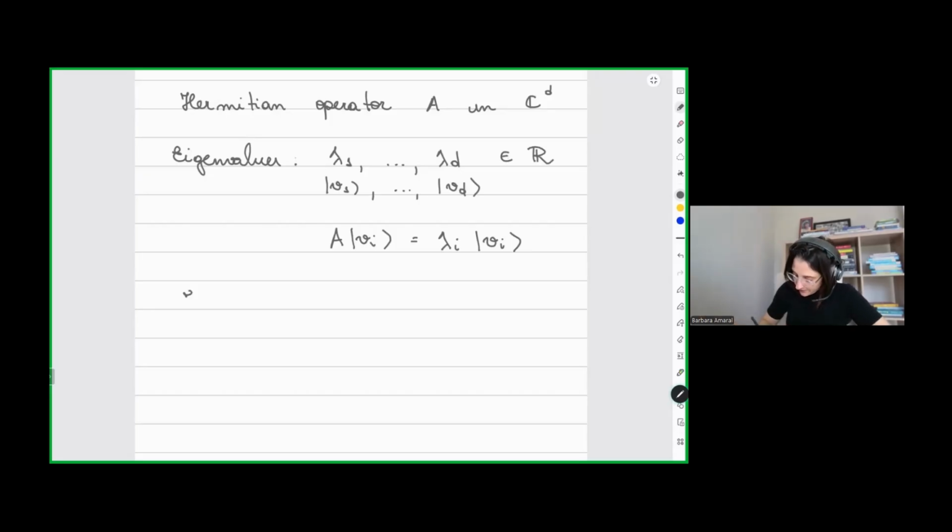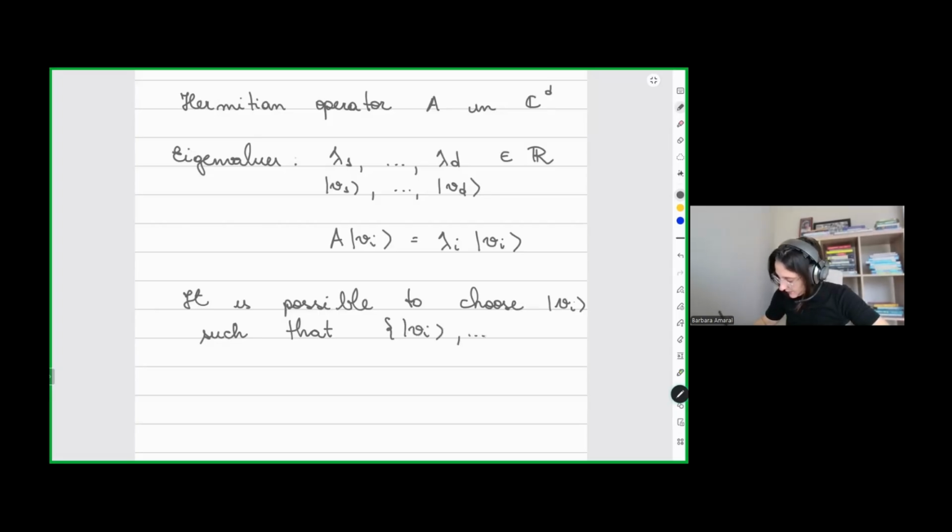And it is possible to choose the vectors v_i such that the set of these vectors is an orthonormal basis.